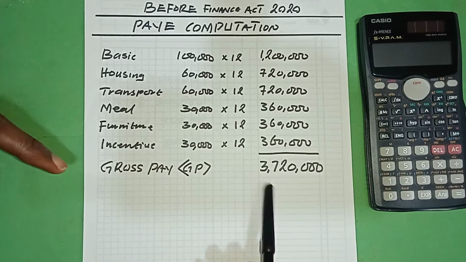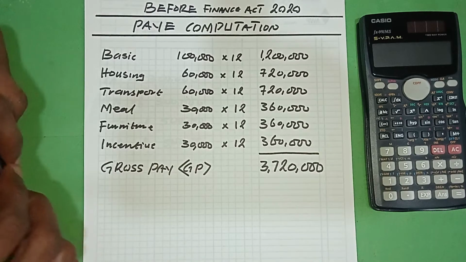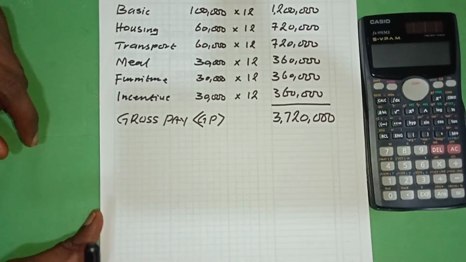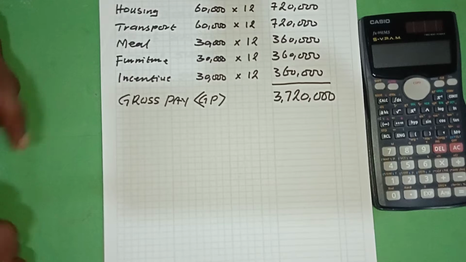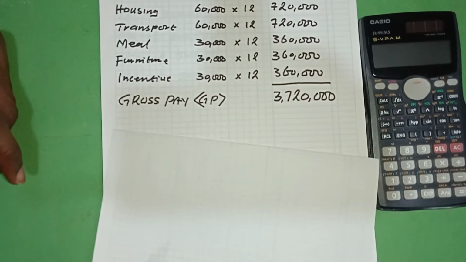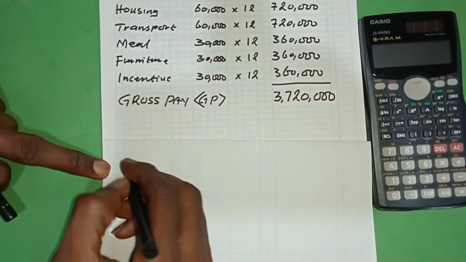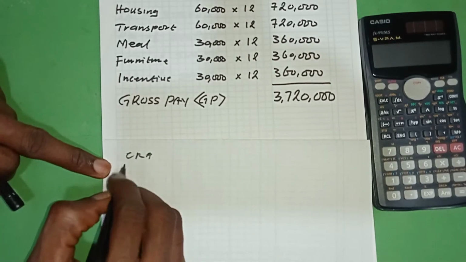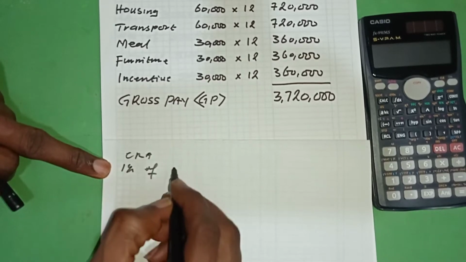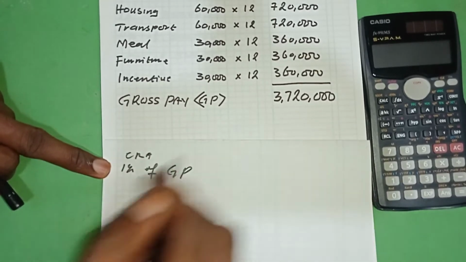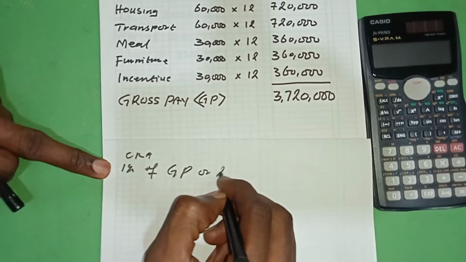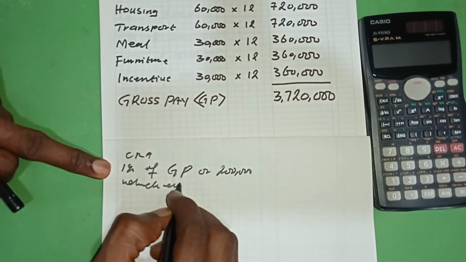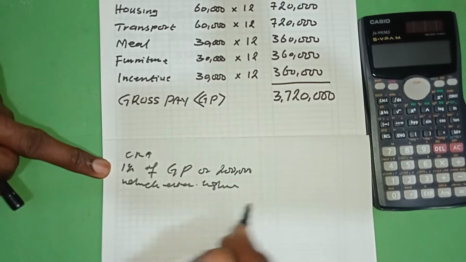Now once you have arrived at this point, your gross pay, what you do next is apply your Consolidated Relief Allowance, your CRA. And your CRA states that CRA is 1% of your GP, which is your gross pay, or 200,000, whichever is higher, you choose.